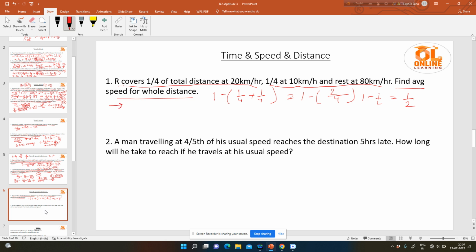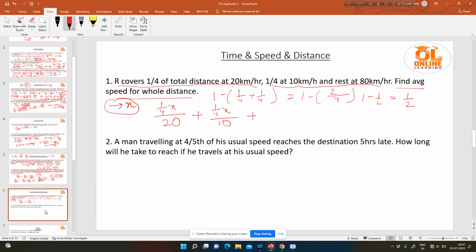If we take the total distance as x, then 1 by 4 x distance is covered at 20 kilometer per hour. Then again 1 by 4 distance is covered at 10 kilometer per hour.